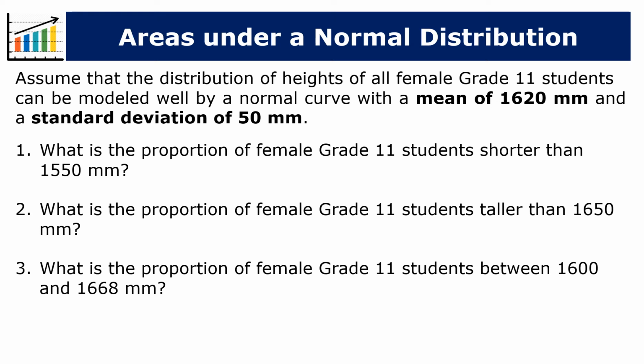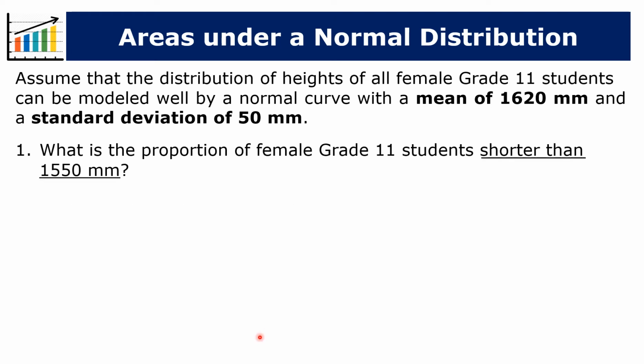So how are we going to answer these questions? With this, we are going to apply the standard normal distribution. From a normal distribution, we are going to convert that one into a standard normal distribution. So how are we going to do that?